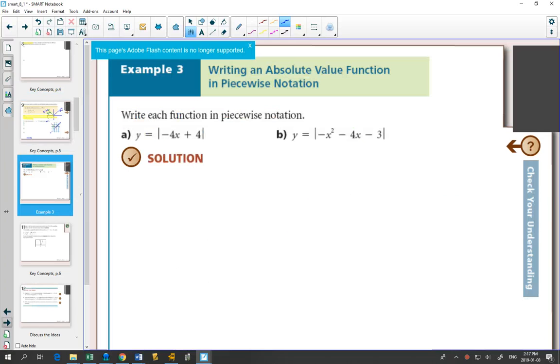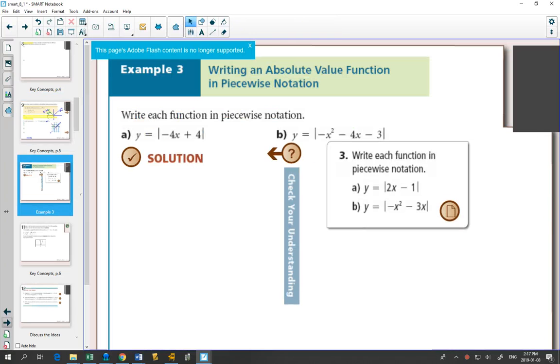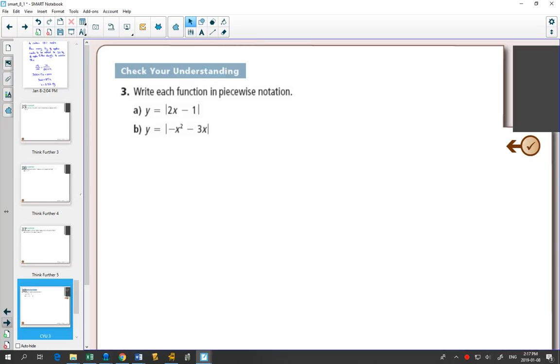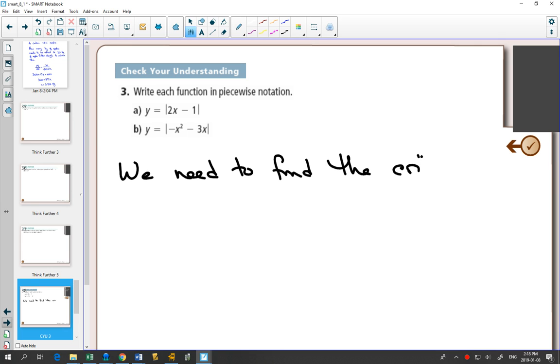So when we go here to example 3, they want us to write each function in piecewise notation. So some of the things we're going to need to find, the critical point, which is the x-intercept.